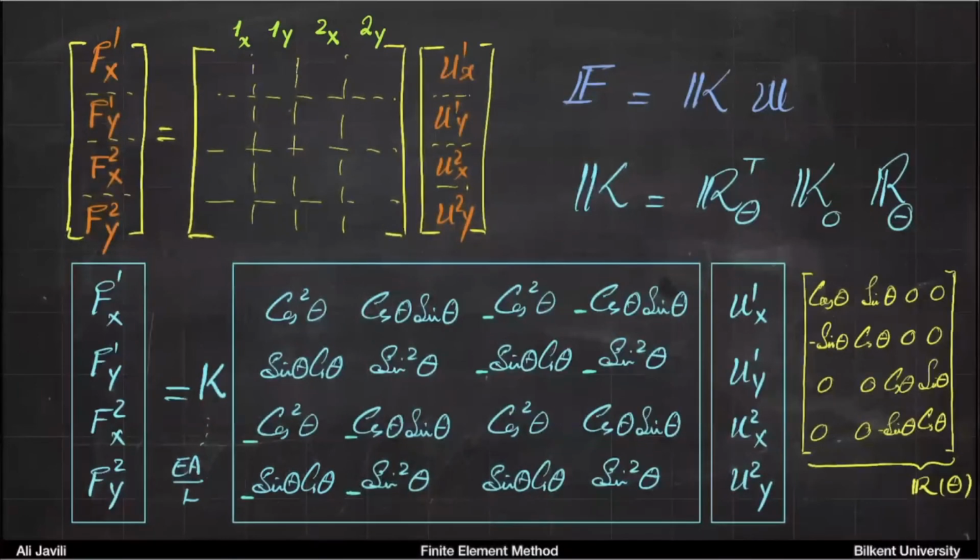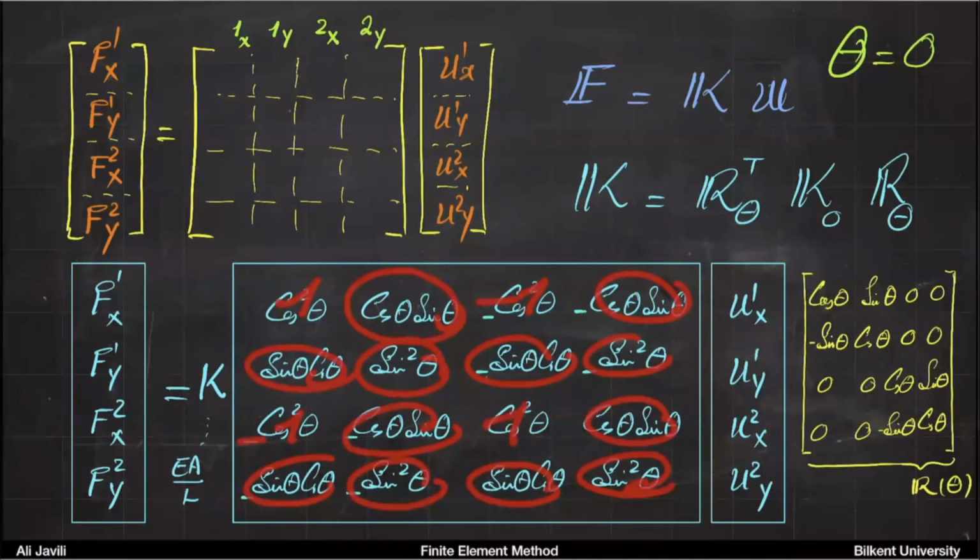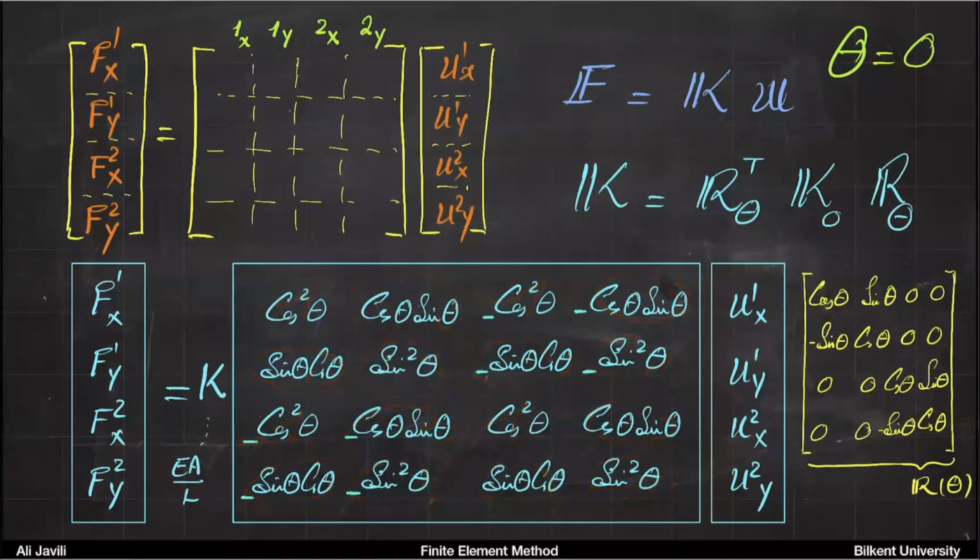So let's just say now for an example, if theta is 0 in this system, you can clearly see that you get 0 everywhere that there is a sine, and then you get 1, -1, -1, and 1 for those 4 components.